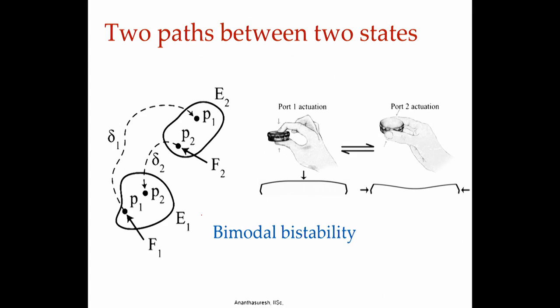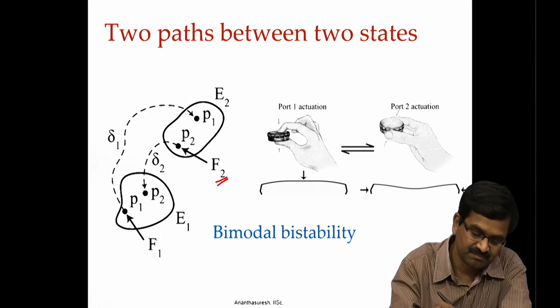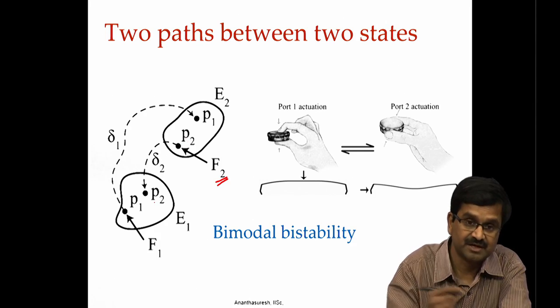So, depicting using a figure, you have a point P1 in energy state 1 that goes to P1 in energy state 2, and when it comes back it will take a different path, because you are applying force elsewhere at a different point, and that P2 in energy state 2 will come back to P2 in energy state 1.